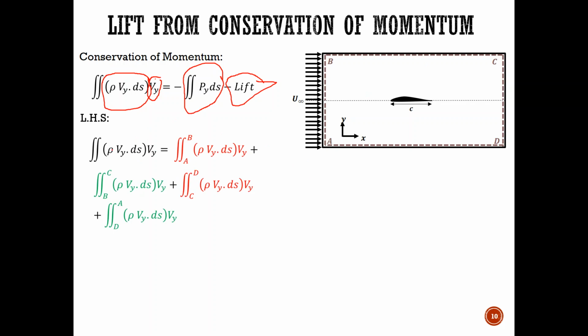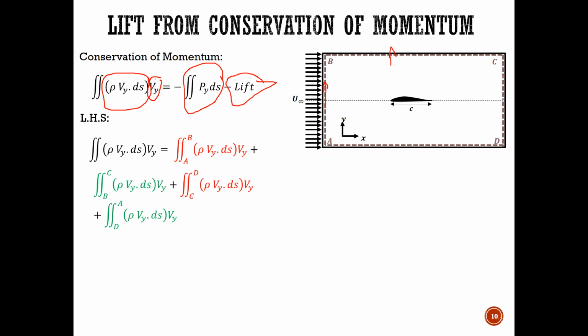So we apply rho Vy dS times Vy to AB. We'll assume that there's no y velocity component acting along AB. And CB, well, there's the y component.